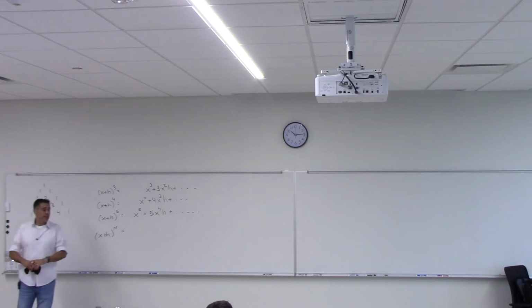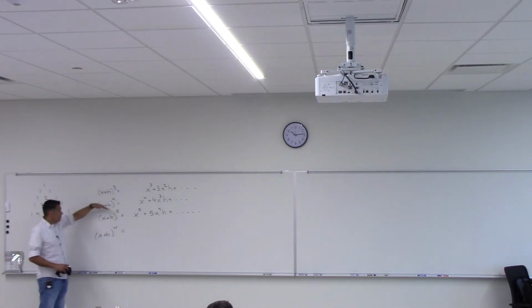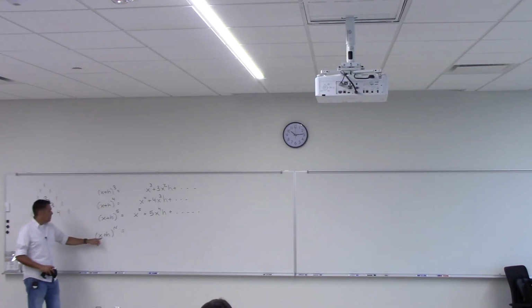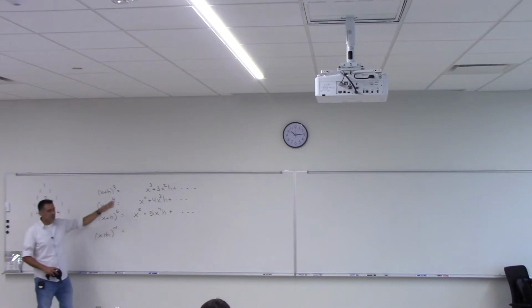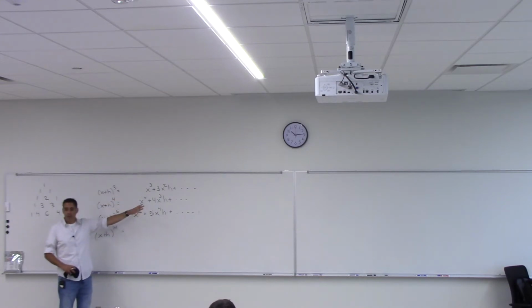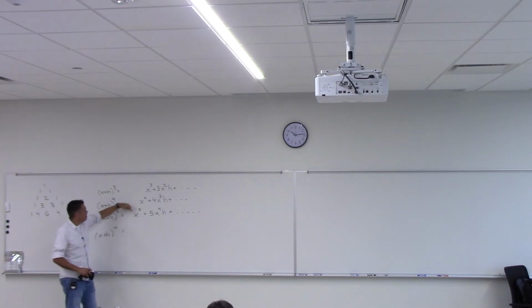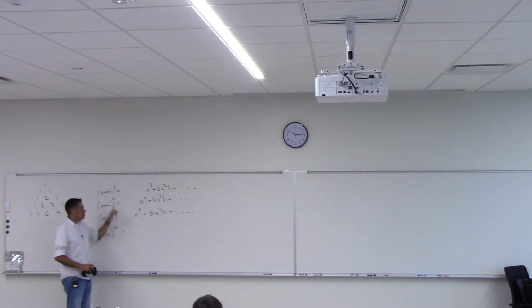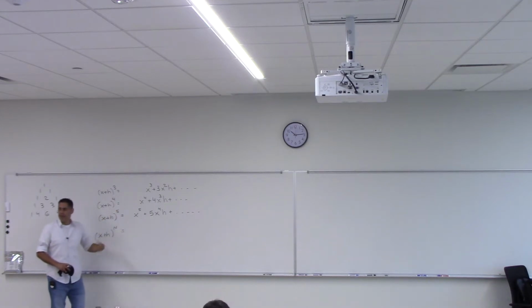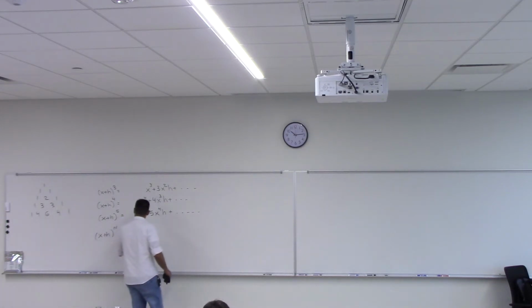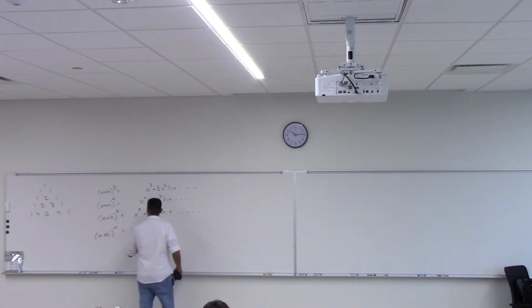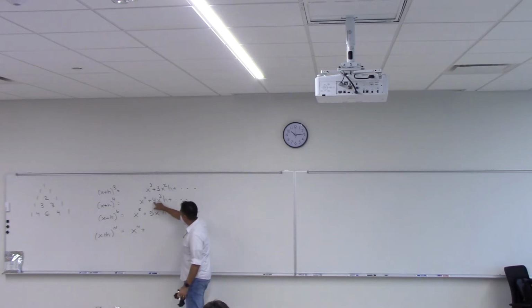So instead of 3, 4, 5, 6, if I have x plus h to the nth, let's see if we can establish a pattern here. Notice that the first term is always going to be x to whatever power is here. So what should our first term be? x to the n. Plus, now look at these coefficients, 5, 4, 3, 2, 1.